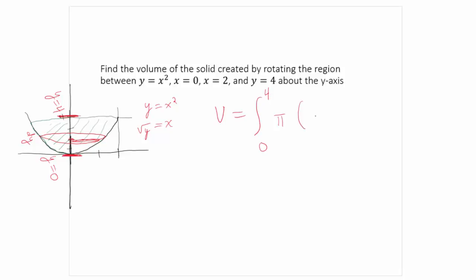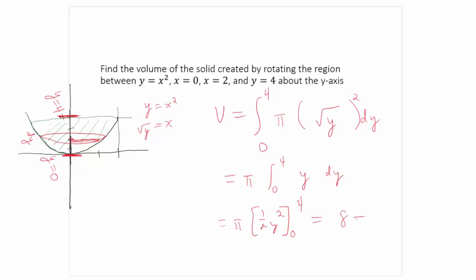Now remember, if I'm thinking in terms of dy, I would have to use the square root of y as my radius, and that's being squared. And so then my volume would be pi times the integral from 0 to 4 of y dy. That's pi times 1/2 y squared from 0 to 4. And if you go through the arithmetic here, we end up with 8 pi.